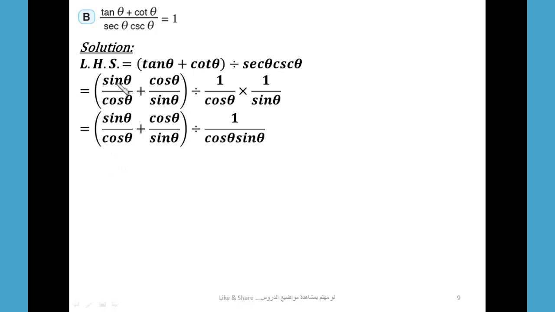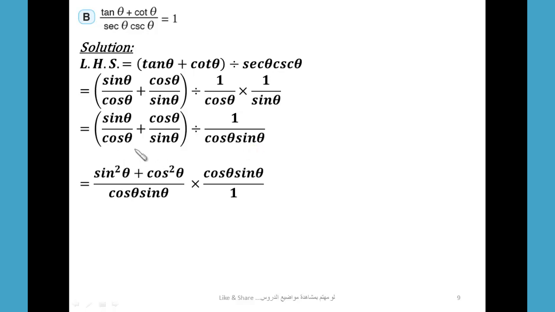So sine theta over cosine theta, plus cosine theta over sine theta. In the denominator, 1 multiply 1 is 1, and cosine theta multiply sine theta equals cosine theta sine theta. And we add these two fractions. The common denominator will be cosine theta sine theta, and sine theta multiply sine theta equals sine square, cosine multiply cosine equals cosine square. We change division to multiplication by the multiplicative inverse of this fraction.